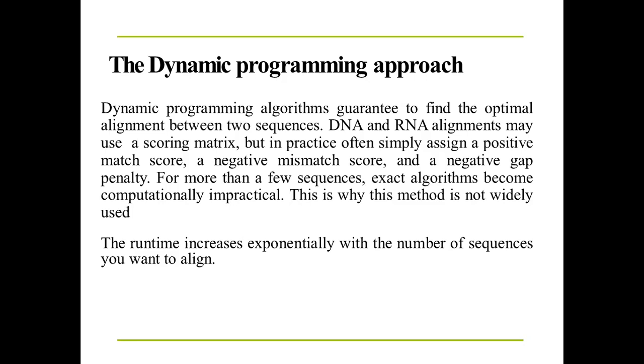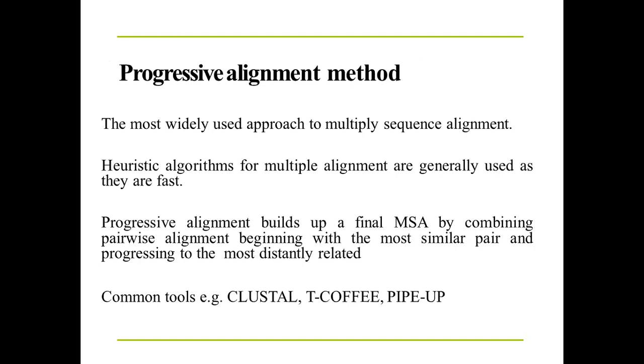For more than a few sequences, exact algorithms become computationally impractical. This is why this method is not widely used nowadays. However, it was a very good method, still useful for some types of experiments. The runtime increases exponentially with the number of sequences that we want to align.